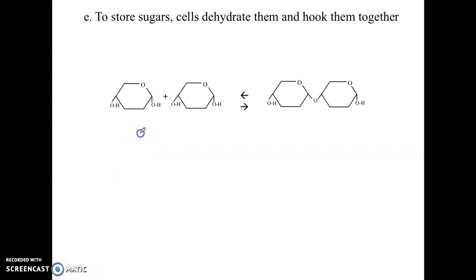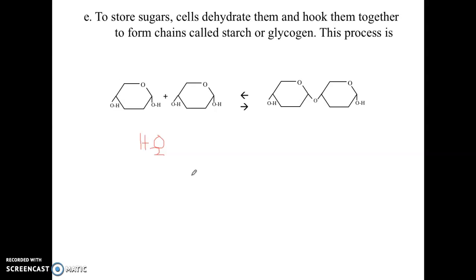And so we take off the H2O, okay, all right, and we take that one oxygen that's left and we use it to hook the two together, all right. That is called dehydration synthesis because we're taking water away from it, dehydrating it, and synthesizing or hooking them together like that, all right. And so to store sugars, that's what we have to do.